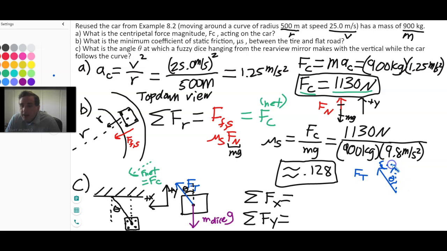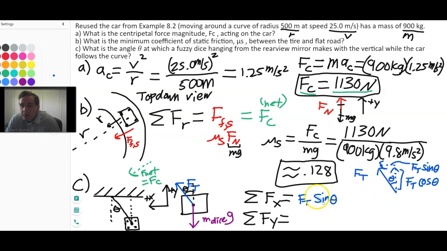So I think that this side is opposite, so that's Ft sine theta, which is across or opposite from theta, and then this component right here should be Ft cosine theta, because it's adjacent or next to this angle theta. So Ft sine theta is this x component.